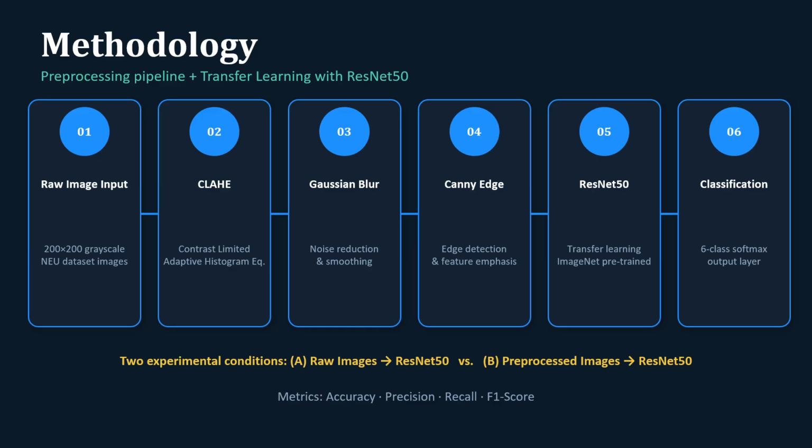After pre-processing, the image goes into ResNet 50, which is a deep learning model that was pre-trained on a large dataset called ImageNet. Finally, the model outputs one of the six labels. I'm going to run two experiments, one with raw images and one with pre-processed images, and then compare both of them using accuracy, precision, recall, and F1 score.